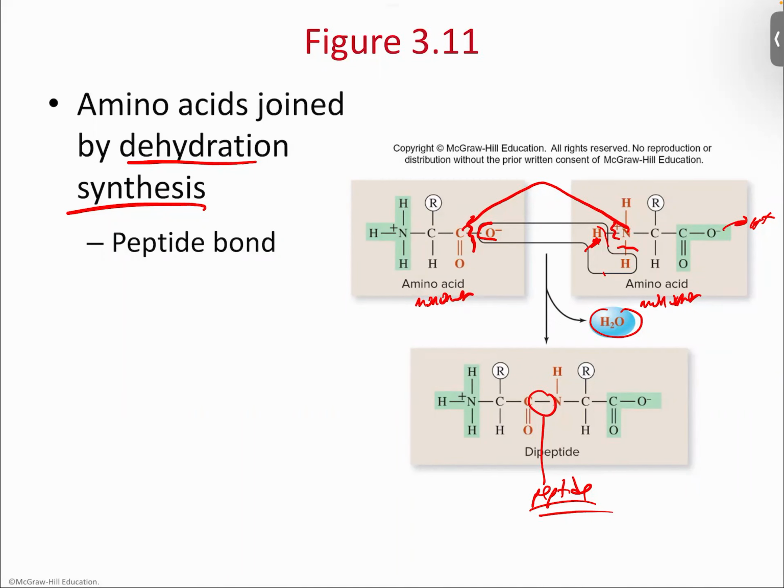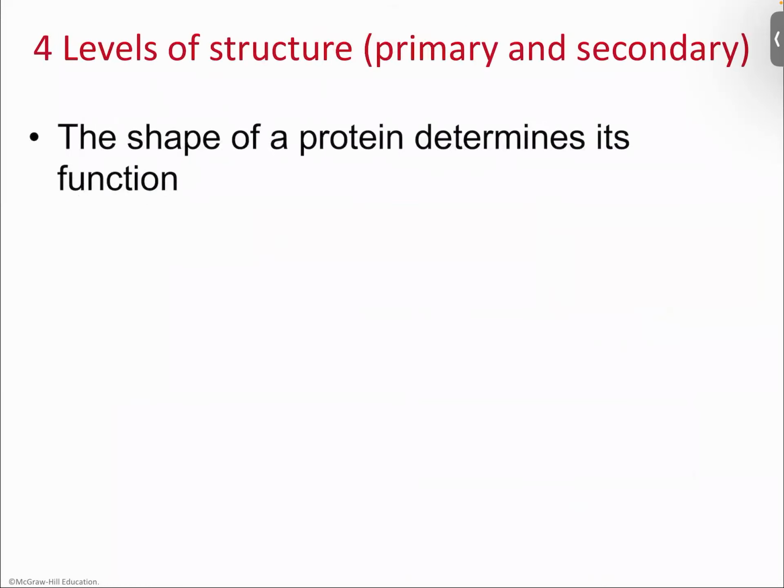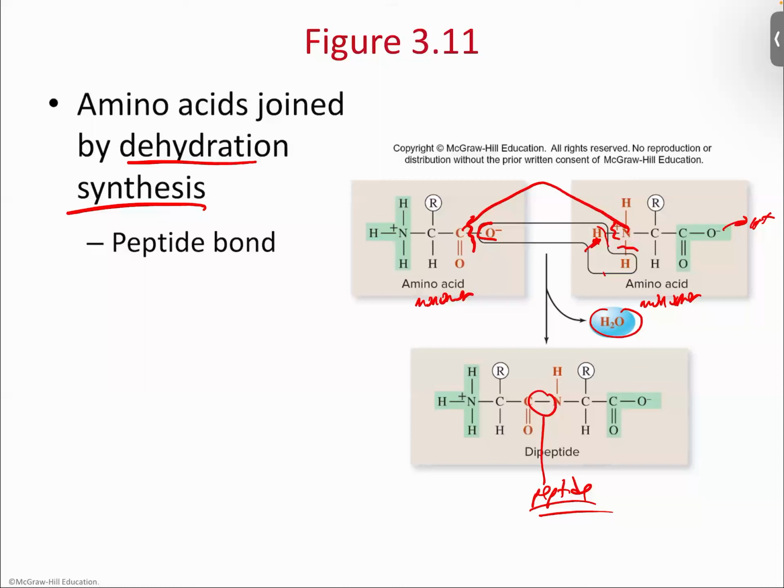The name of the bond that holds together amino acids is the peptide bond, which is where we get that term pep from. So peptide, peptidase, things with pep on the front of it, that's basically associated with the peptide bond. It's a protein thing. Okay. For carbohydrates, glycosidic.